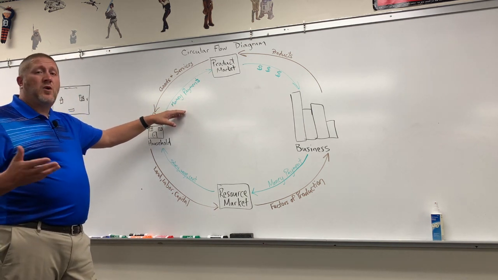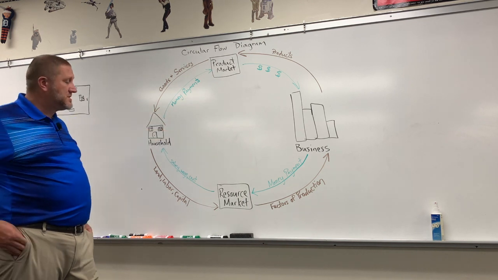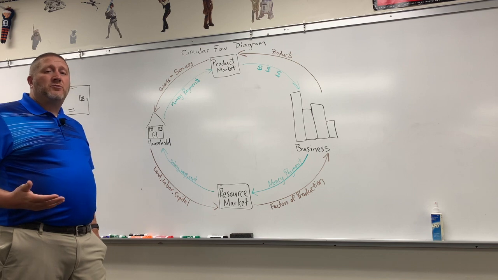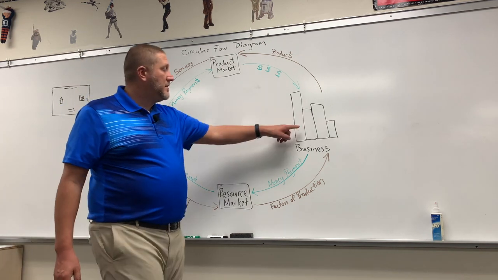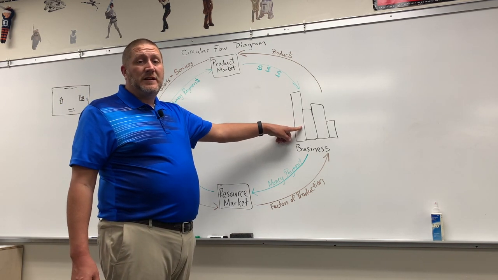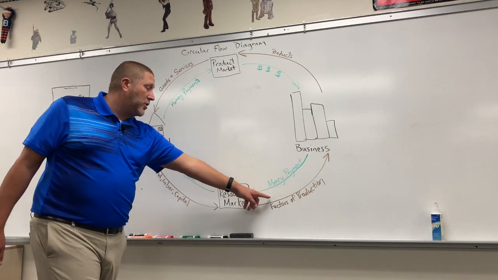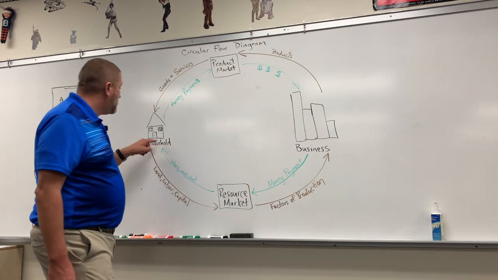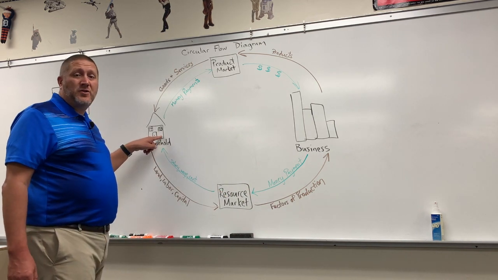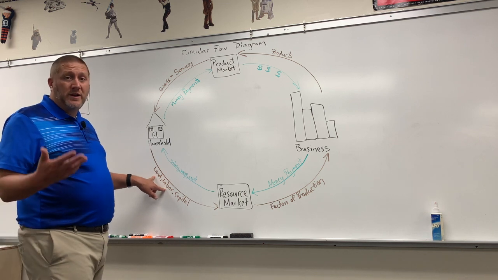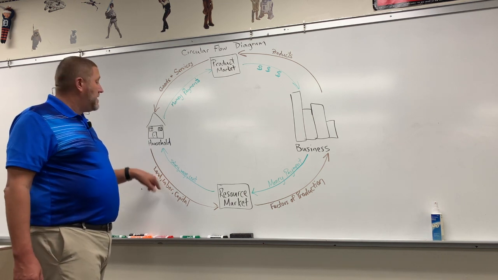So let's walk through how the economy works. If we want the economy to grow, businesses have to hire workers. If they hire workers, they're giving households more money, because they have to pay them for the resources that they're providing.